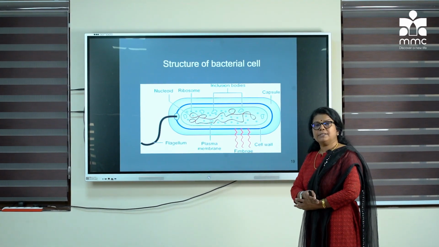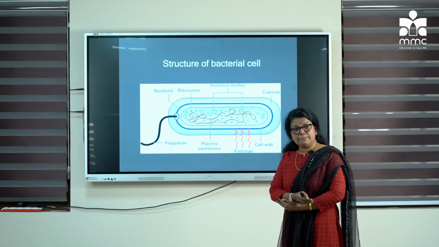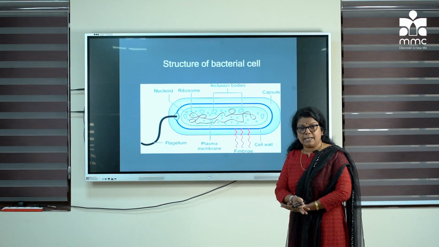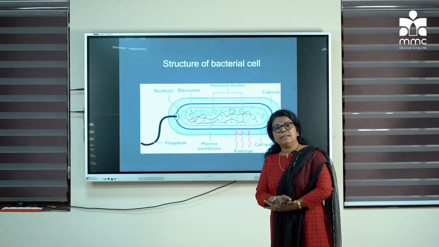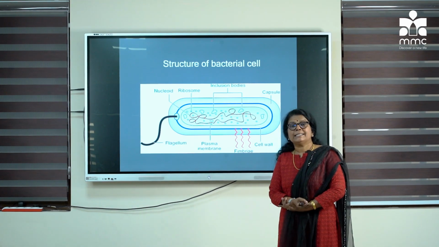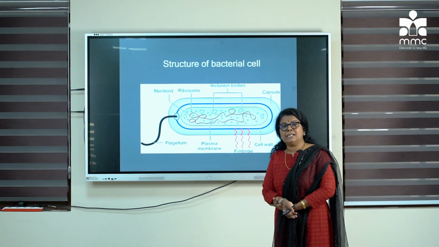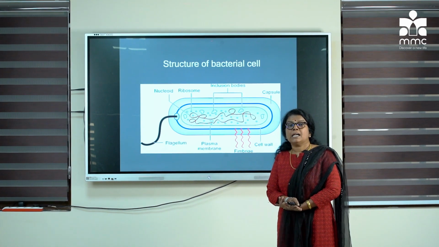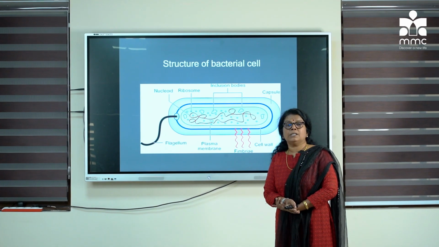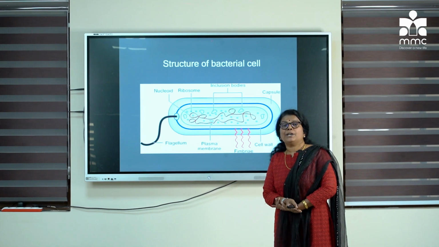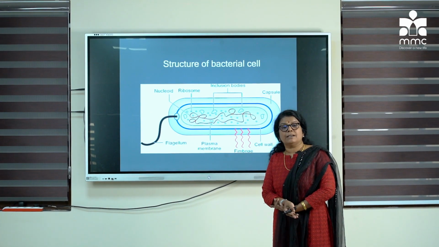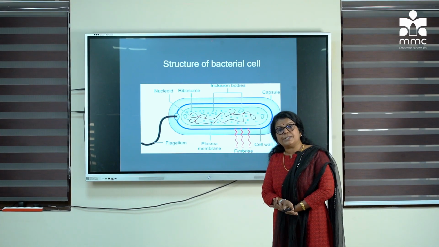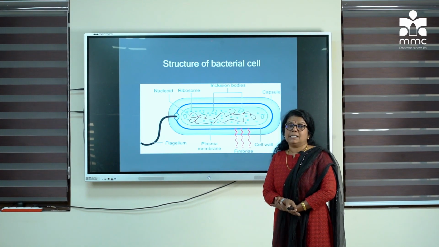Inside the cytoplasmic membrane or plasma membrane, protoplasm is there, and protoplasm contains various organelles. But unlike the higher forms of life, as in humans and other animals, bacteria lack several organelles. All the membrane-bound organelles like mitochondria, endoplasmic reticulum, etc. are absent in the bacterial cell.